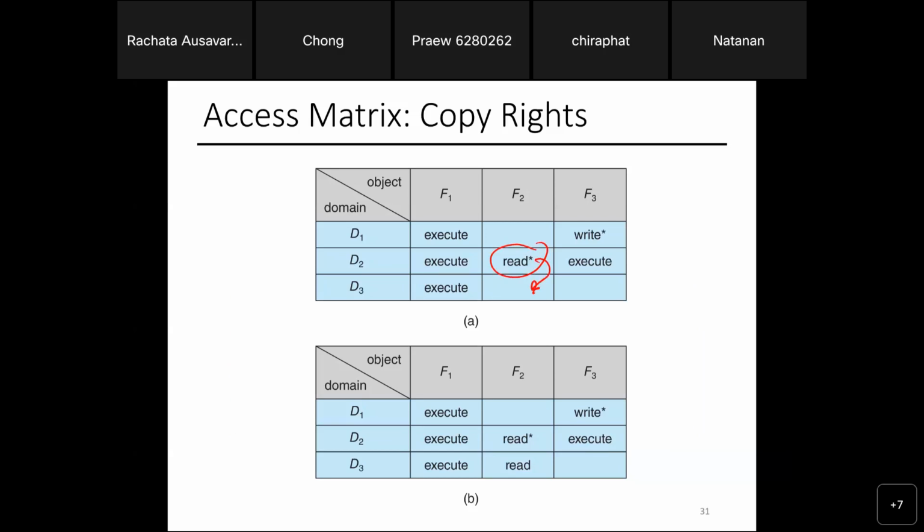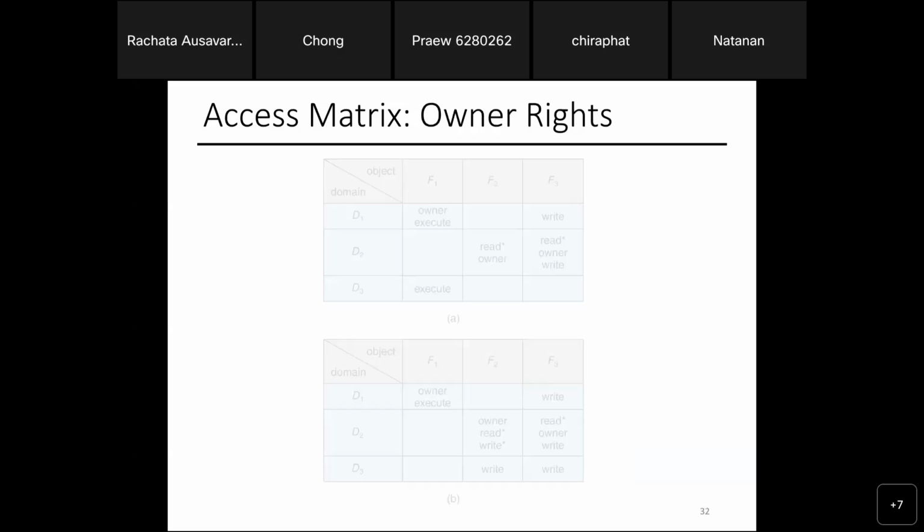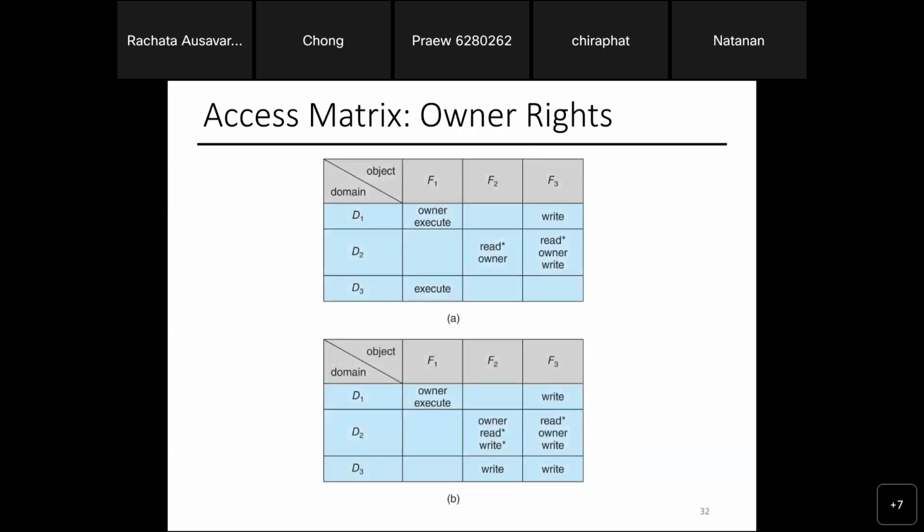I copy the access rights. I also have the ownership that can be assigned. So in this case, one more new thing: who owns F1, who owns F2, and who owns F3. All right? Yes.